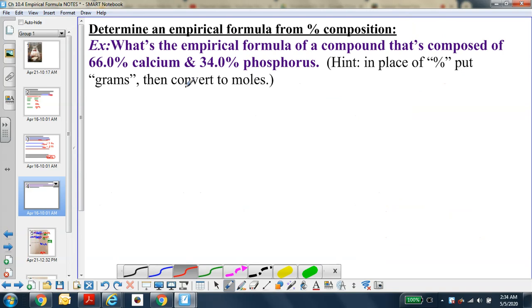So here's another example. Now we're given percentages in this case instead of grams. The question asks, what's the empirical formula of a compound that's composed of 66.0% calcium and 34.0% phosphorus? So here's a hint. In place of the percent sign, you're going to use grams. You're going to then follow exactly what we did in the last example, convert it to moles.